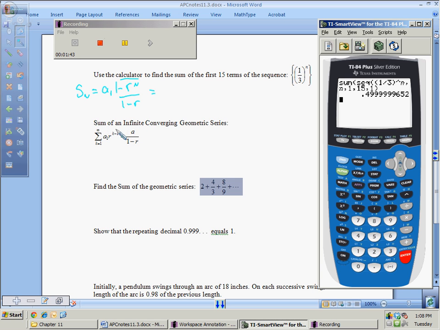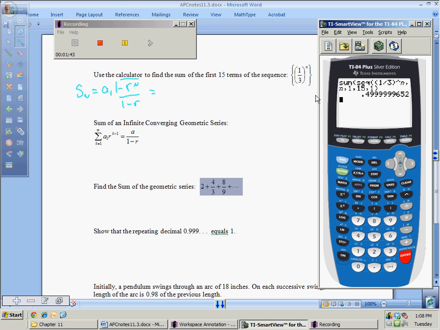This is the sum of an infinite converging geometric series. What converging means is that it eventually hits some concrete number. Like in this one, it appears that if I plugged in bigger and bigger numbers, you would guess that I would approach the number 1/2.